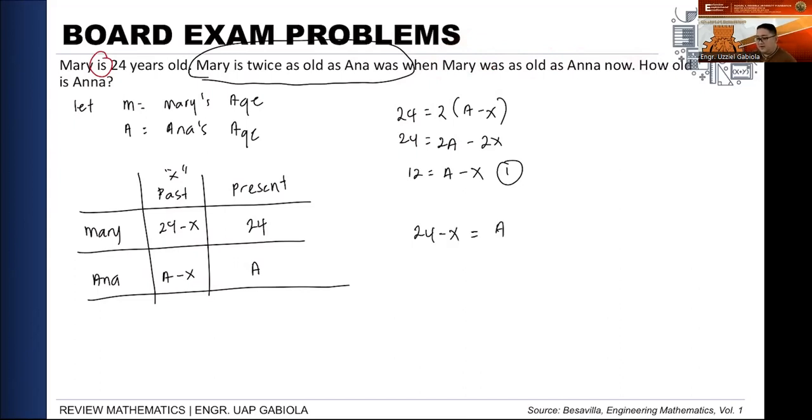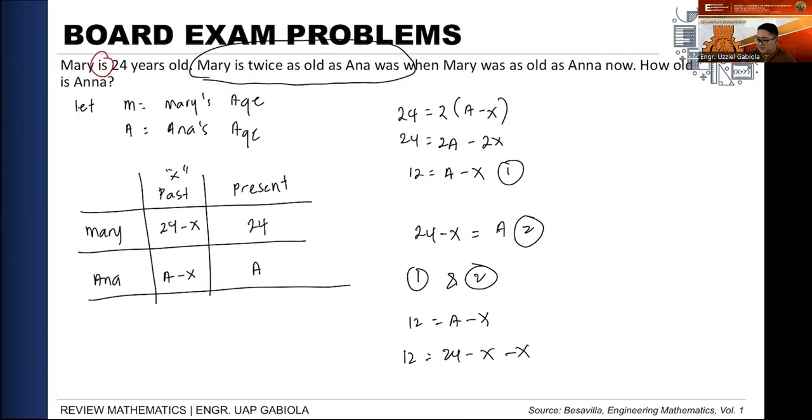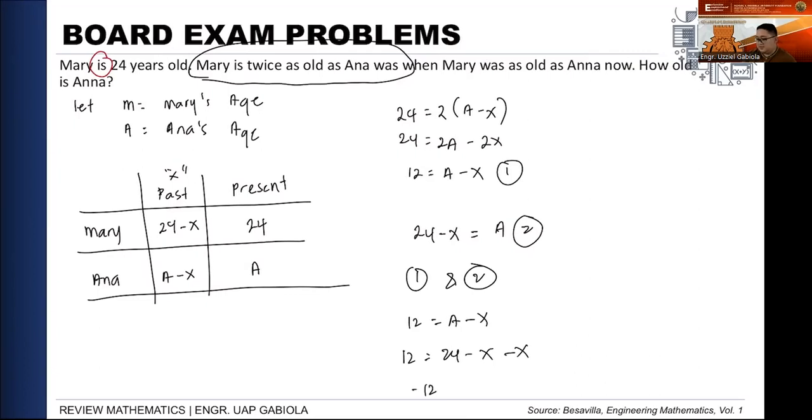Sabihin meron tayong value of A. So substituting 1 and 2. So 12 is equals to A minus x. Substitute natin yung value ni A. So 12 is equals to 24 minus x minus x. This is negative 12 is equals to negative 2x, or x is equals to positive 6. Okay?